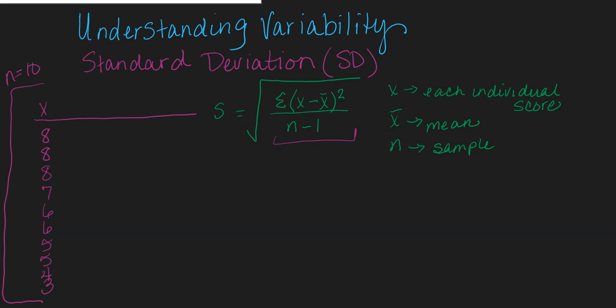Well, we have x, but we know we need x bar as well. So let's go ahead and calculate x bar. X bar equals sum of all x divided by n. Add up all of the x values, that's our sum of all x. That equals 60. We know that n is 10.